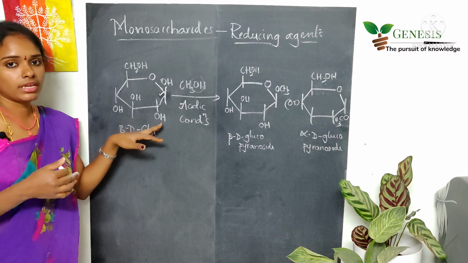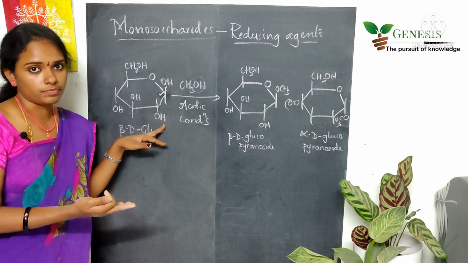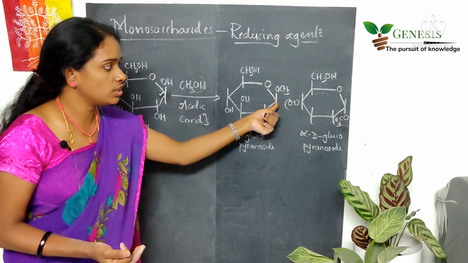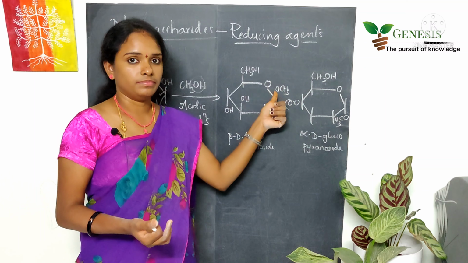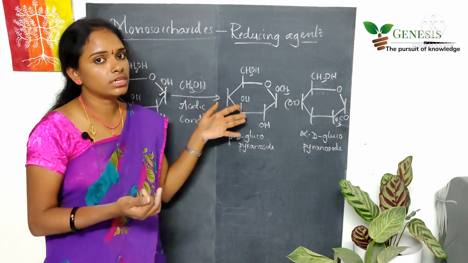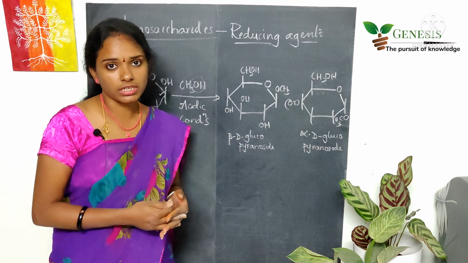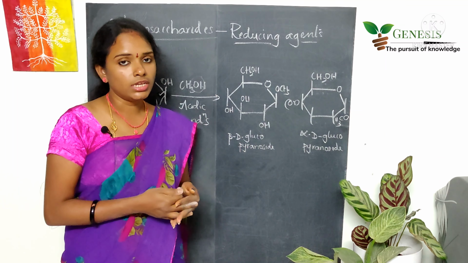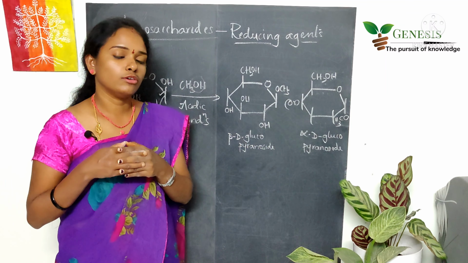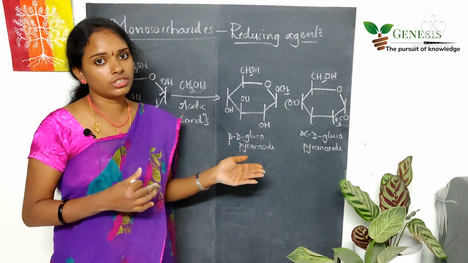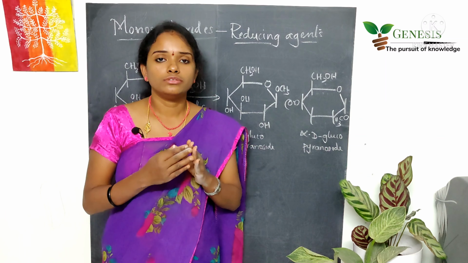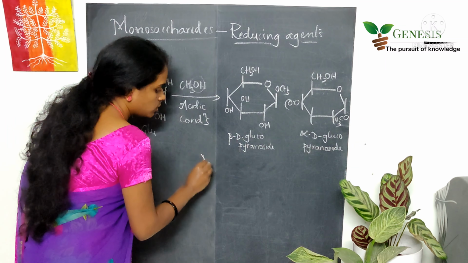In the ring form, the aldehyde group is already reacted with a methyl group, so it formed a glycosidic linkage. So glycosides cannot readily undergo the reaction with oxidizing agents like open chain structures. Those structures which do not readily react with oxidizing agents are called non-reducing sugars.